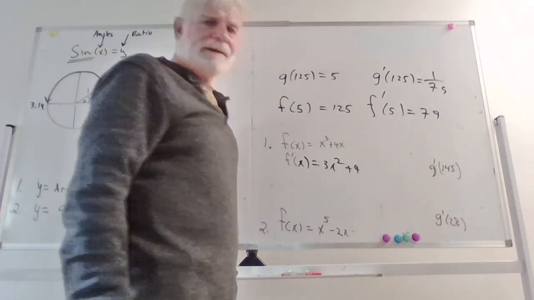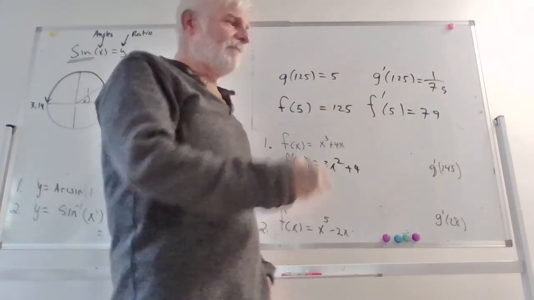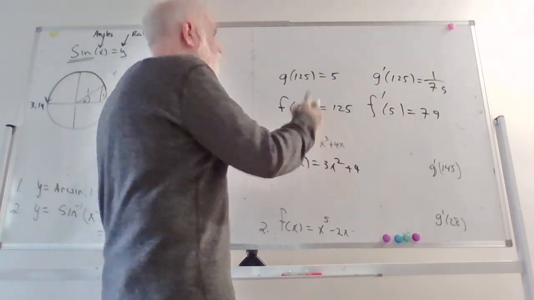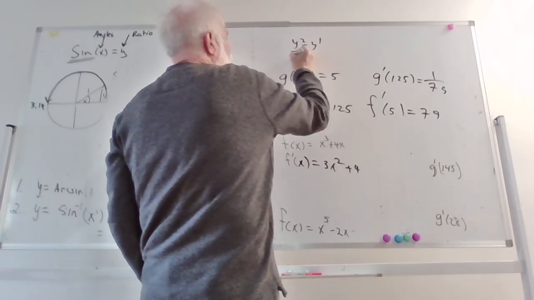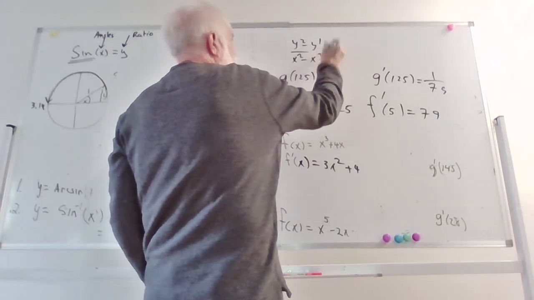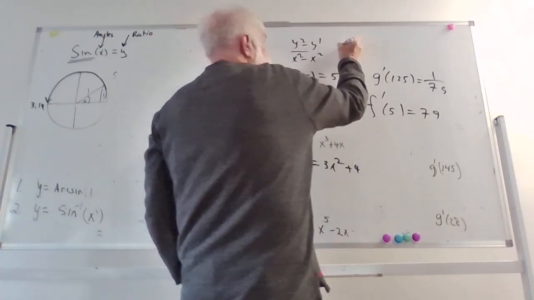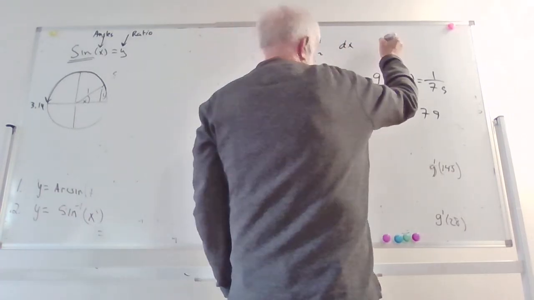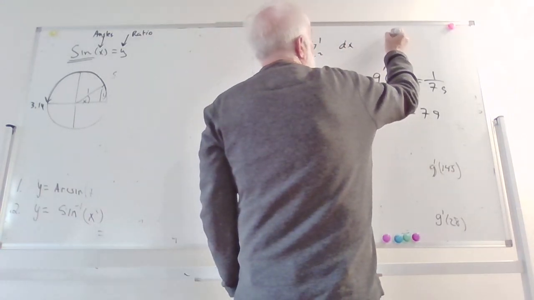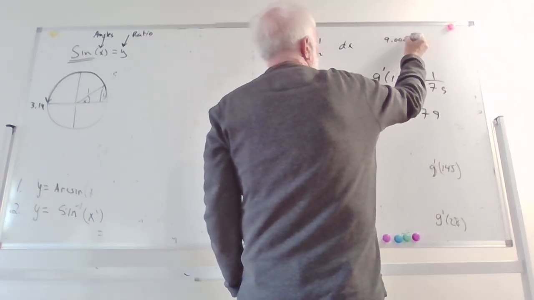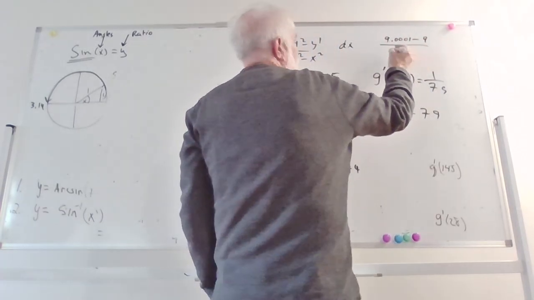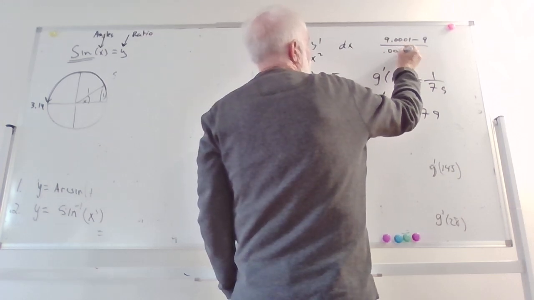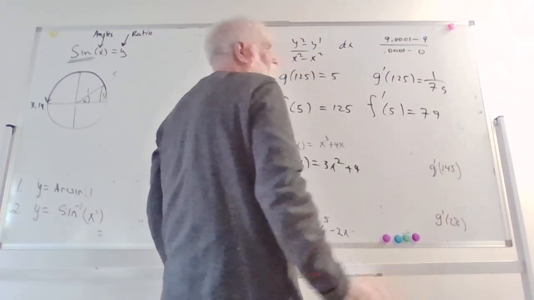That's what we're practicing. And I didn't mention it before, but how do you find slope? y2 minus y1 over x2 minus x1, which is what we're doing with dx. We're looking at 9.01 minus 9 over 0.01 minus 0, something like that.